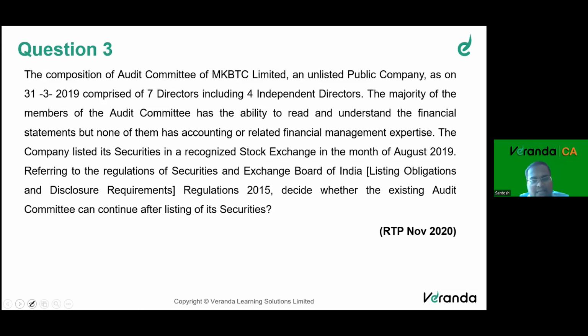So the Act clearly defines how this composition should be, what kind of people should be on this board, because obviously there should be enough financial literacy on this board. If I don't have somebody who understands financial statements on this board, then I'm under a big risk, because he's approving something he is not aware of or not understanding.